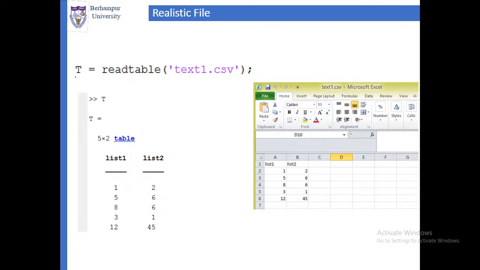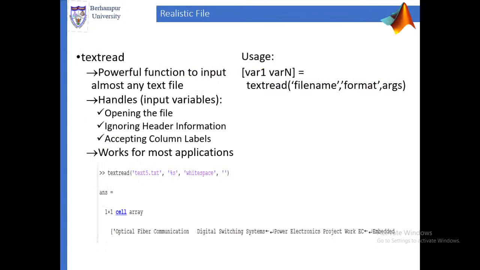From this 7 by 2 matrix, you leave out the first two rows, and from the third row you can read always. As you know, whichever row you want to read, you can read that row. Whichever column you want to read, you can read that column. That we have discussed earlier. So use that and read the numerical values. That is possible using MATLAB.